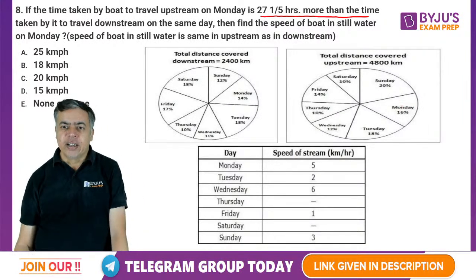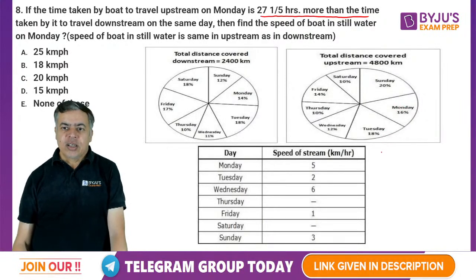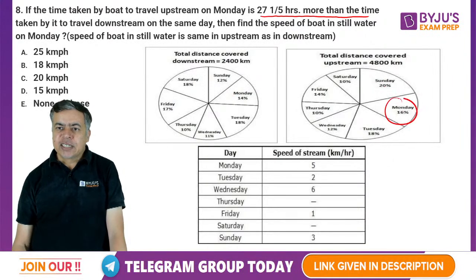I'm solving it here so that it is also visible. So here Monday upstream distance is 16%. So 16 into 8, 128, 16 into 4, 64, 768. You can check it again. Yes, so on Monday the distance is 768.